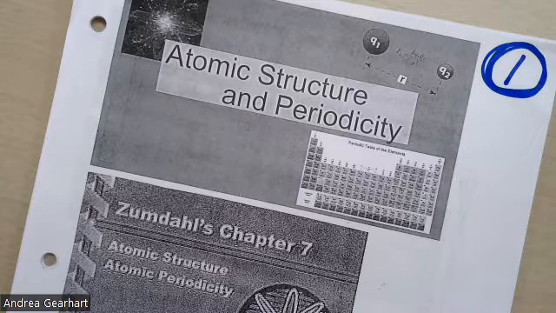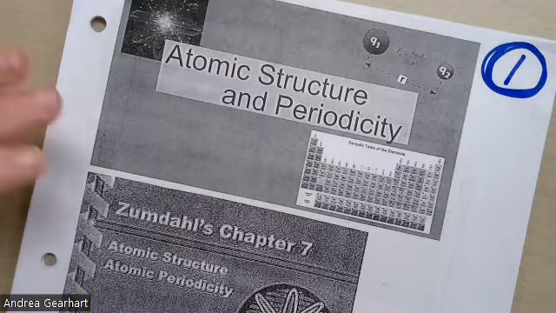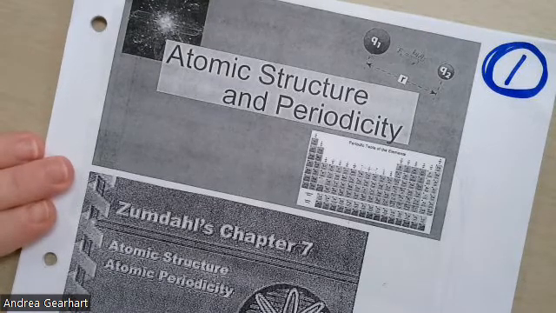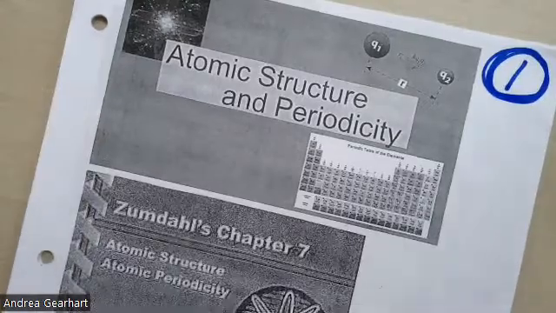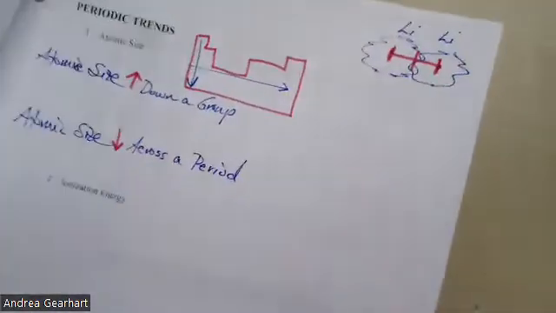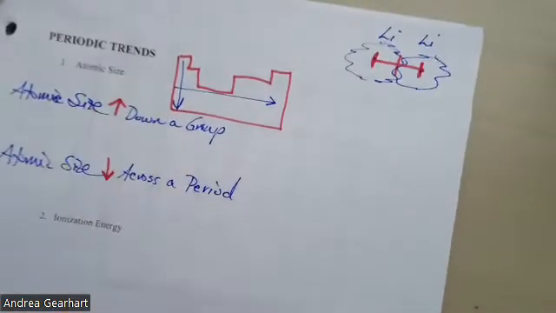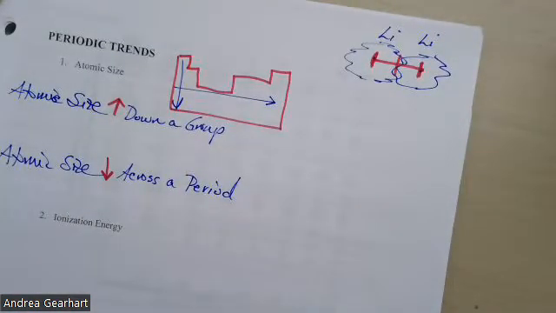Where an element is located, we can predict how it will behave in a chemical reaction to satisfy different needs. So we will be able to answer that at the end of our time today. So if we are turning to any specific place in our packet, it would be focused on our periodic trends.